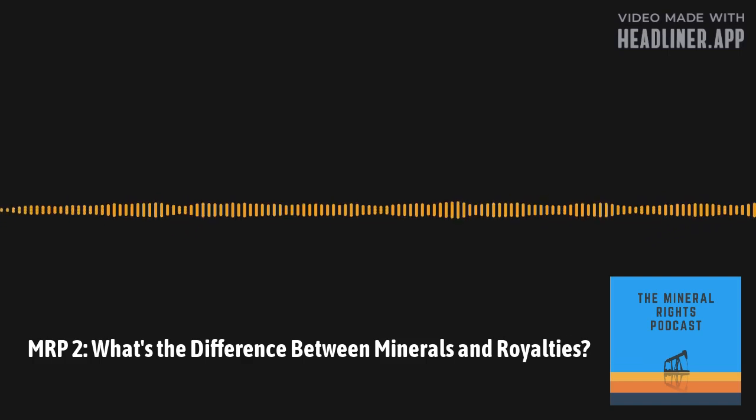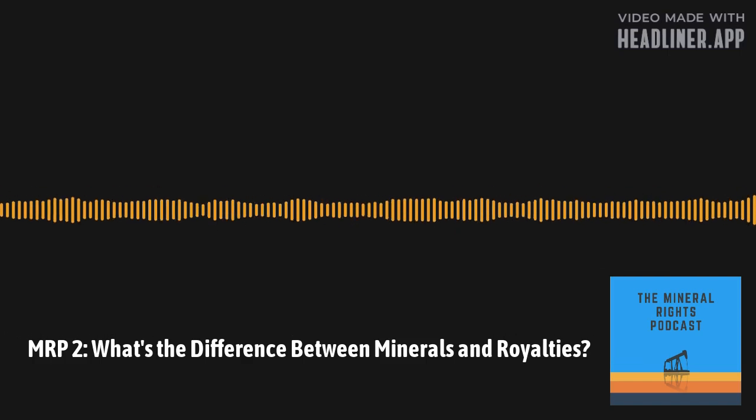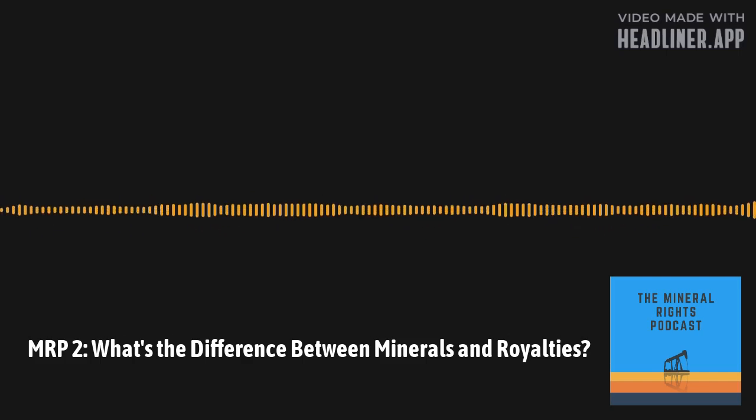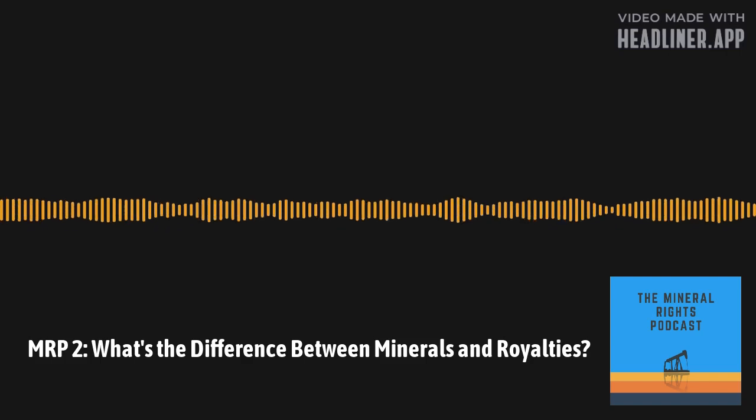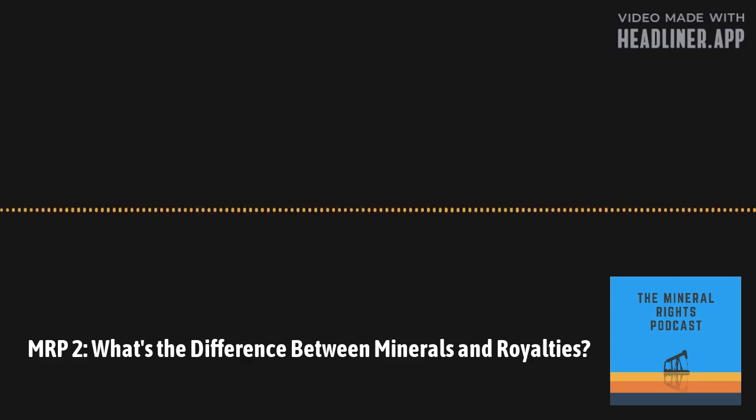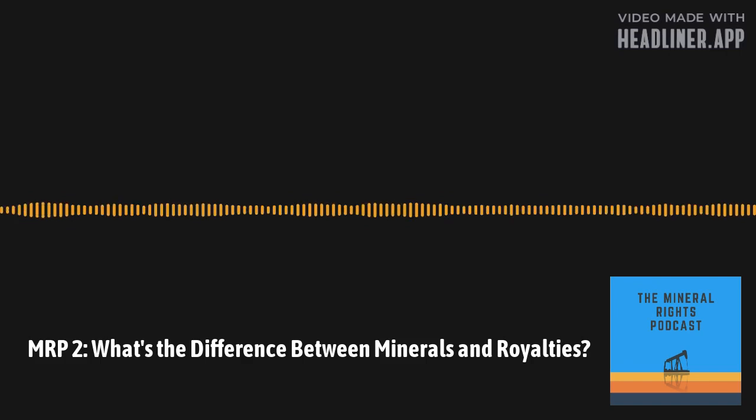Okay, so what happens with the override, it's similar to other royalty interests in that it is not responsible for the cost of producing the oil and gas, but it only shares in the production of the oil and gas as long as the associated lease is in effect. So unlike minerals, which last in perpetuity, an override is tied to the lease. So once that production stops and that lease expires, the override also goes away.